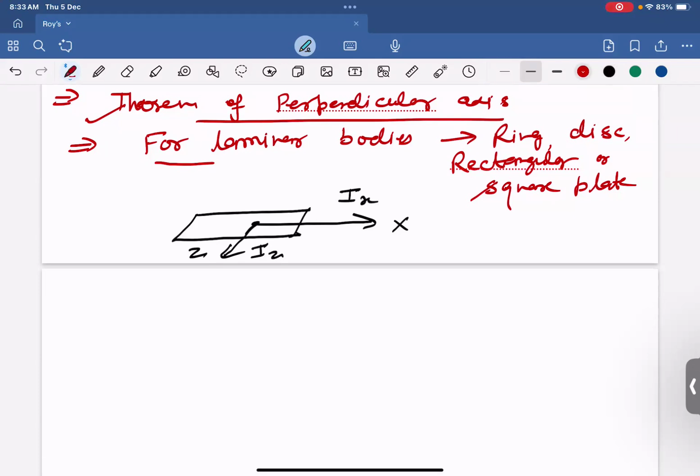Then the third axis, which is perpendicular to the plane, that is Iy, will be given as the sum of Ix and Iz.